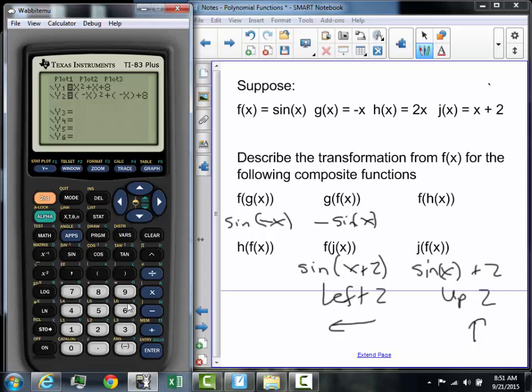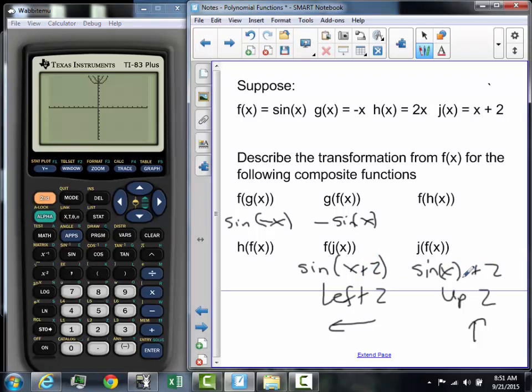This one you probably won't see quite as much, but see how this one's just kind of off to that side right here, and the second one gets flipped over onto this side right here. Make sense? Those are the subtle differences I'm trying to discuss here. Put a plus 2 in the brackets, it moves it side to side. Put a plus 2 after the brackets, it moves it up or down. Negative signs cause graphs to reflect, is the word we use.